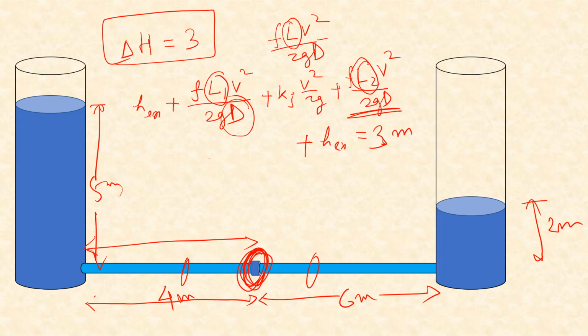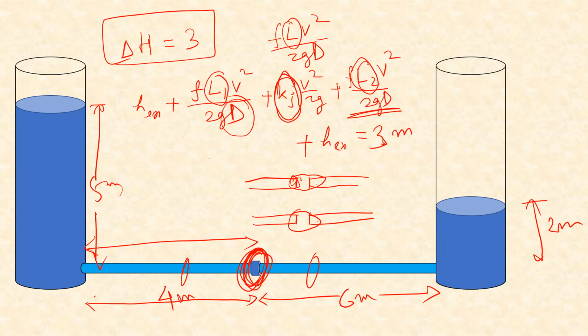Now, again, this coefficient will also depend on the type of joint. That means if you join these two pipes, suppose you weld them together, suppose this is the longitudinal section of the pipe, and in between you make a welded joint and then machine the inner part and make it very smooth.